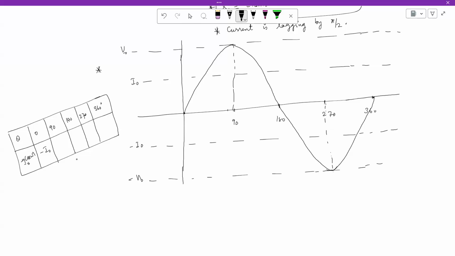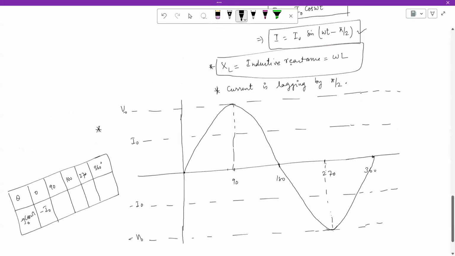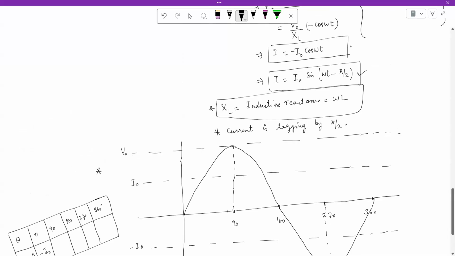Initially I thought maybe you have to do minus pi by 2. No, no. So we will draw the graph from this, because from here it is easier. You just draw the graph by remembering this. This is just to compare it with the voltage, whether it is leading or lagging.